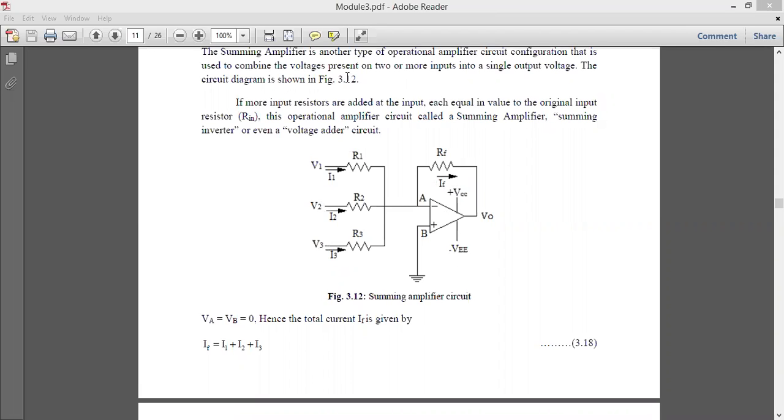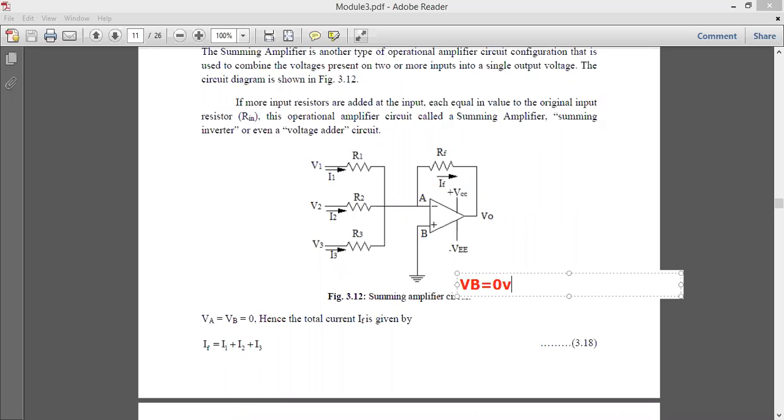Now let us note some observations from the figure. B is connected to ground. It means the voltage VB is equal to ground, का मतलब 0 volt. Virtually, A and B are connected.